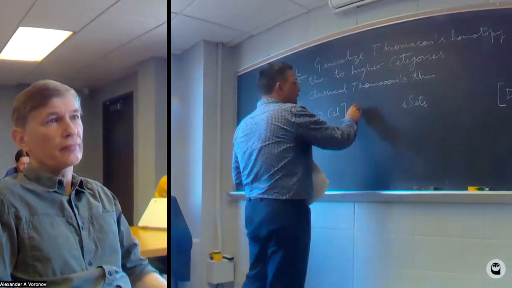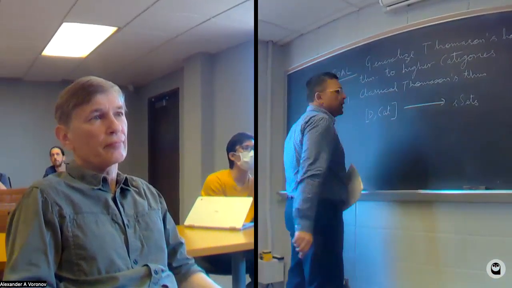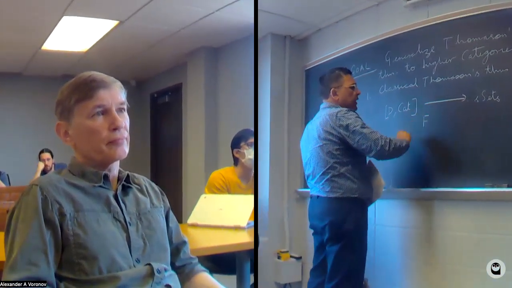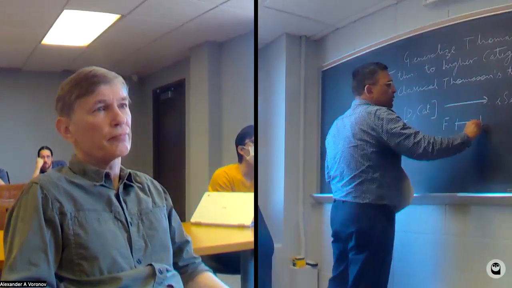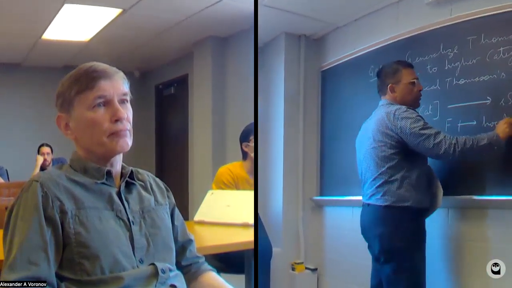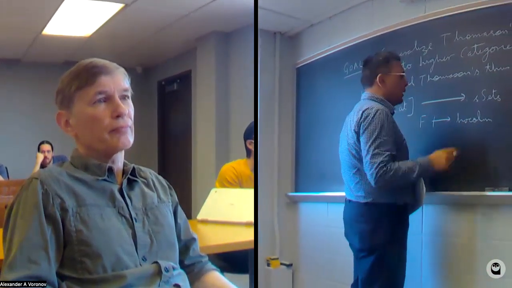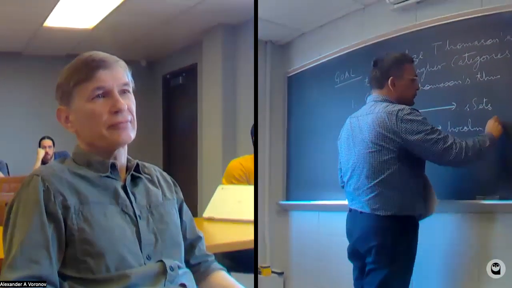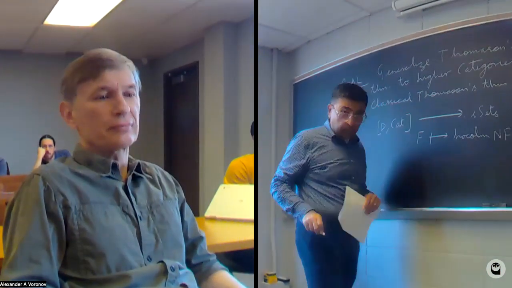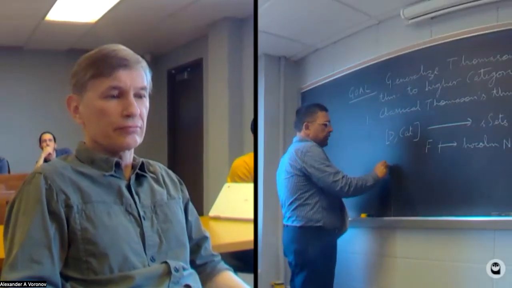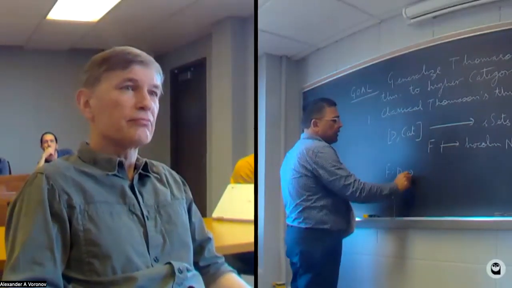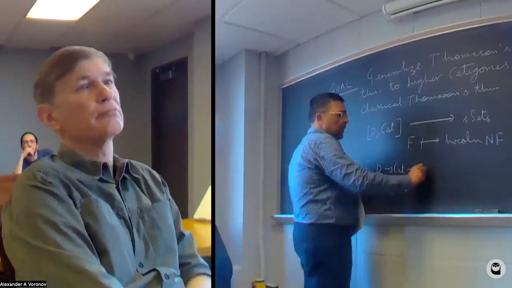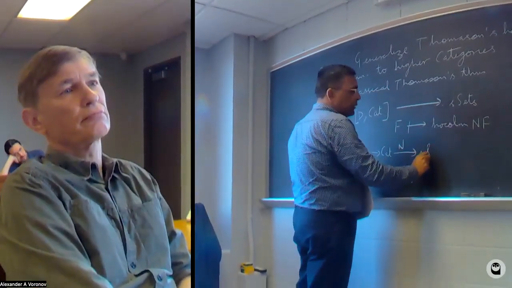Now, there's a functor from here to here, which takes F. F is a functor from D to Cat, and the nerve gives you a functor to simplicial sets.